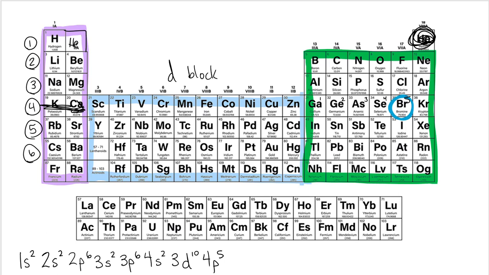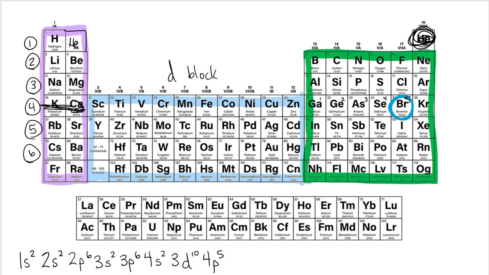All right. Now we can do the shorthand electronic configuration for bromine. That's the full electronic configuration, 1s2, 2s2, starting all the way at hydrogen. The full electronic configuration for bromine is all of that, but we can do the shorthand electronic configuration as well.